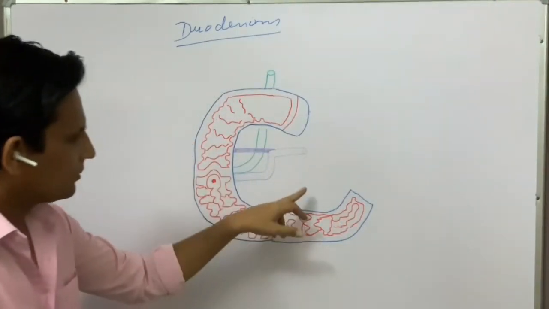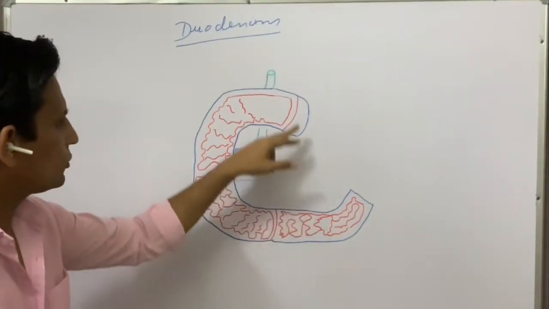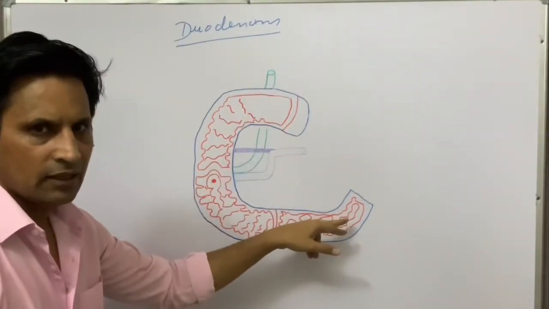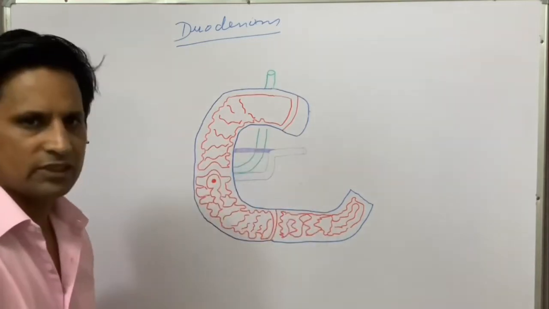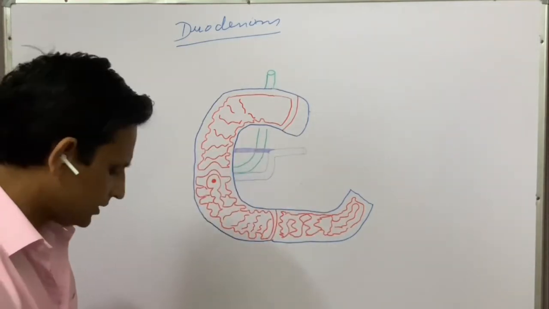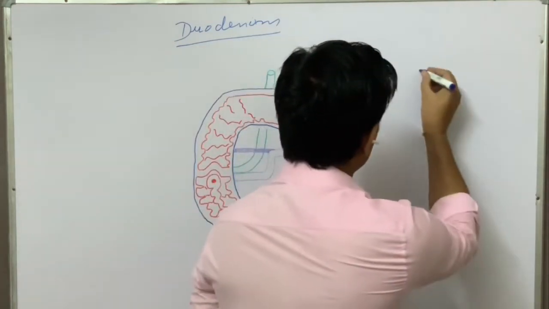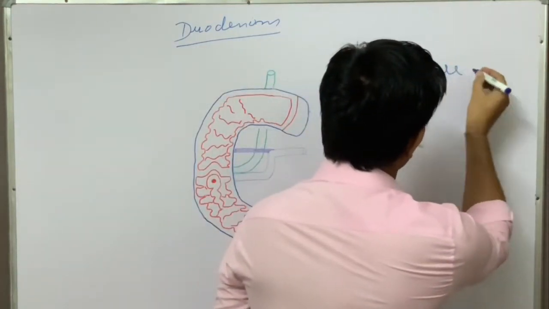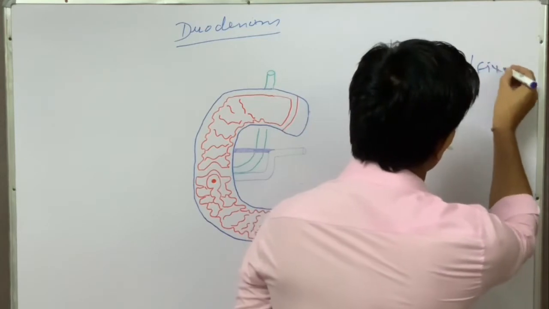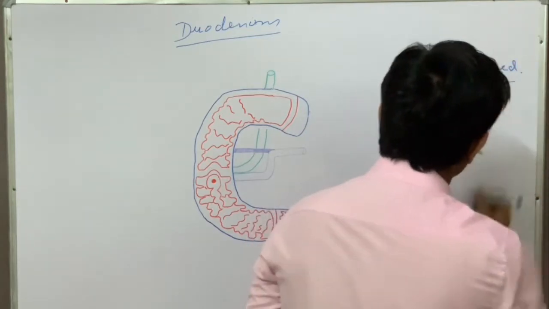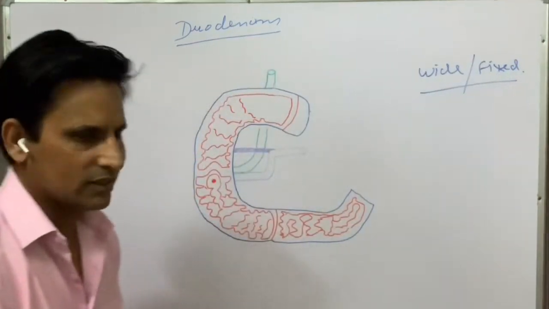Along with the first part, it is the most wide part of the GIT and the most fixed part of the GIT, or you can say the most fixed part of the small intestine, right?